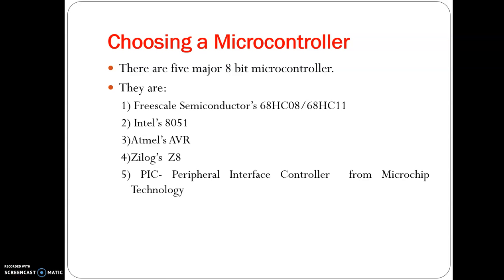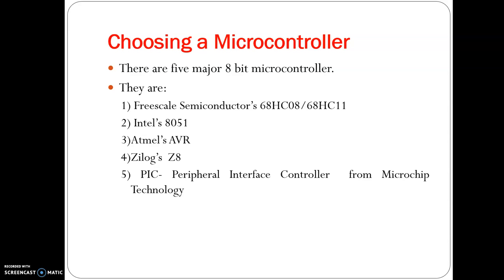Now these are the 5 major 8-bit microcontrollers which are used. Each of the above microcontrollers has a unique instruction set and register set. But one thing to note is that they are not compatible with each other. That means the program written for one will not run on the other.